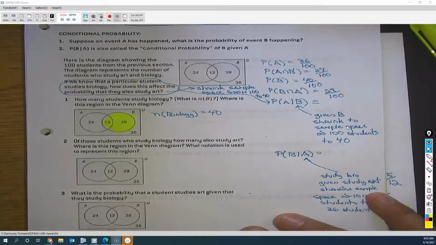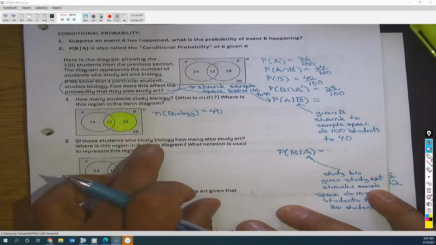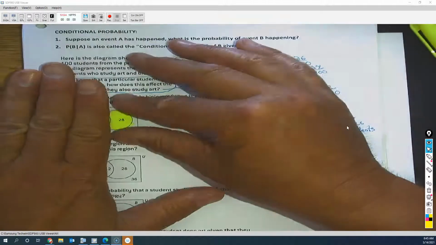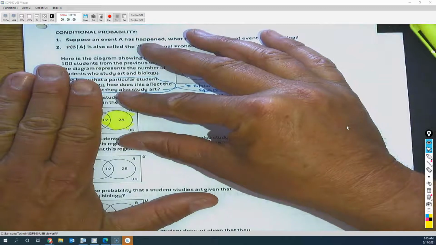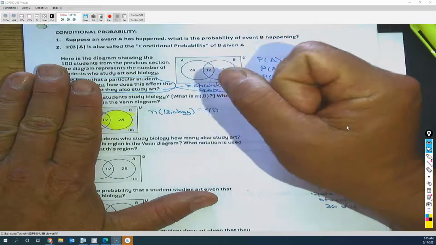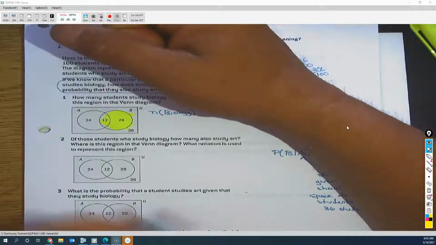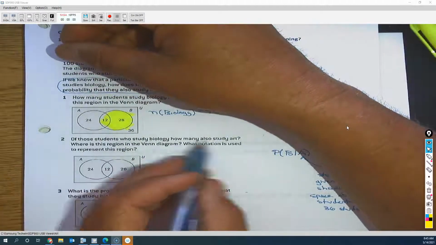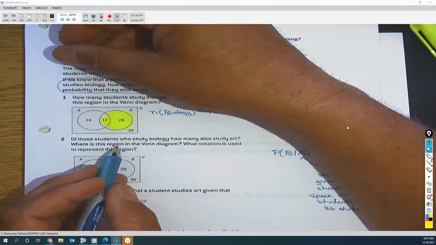Of those students who study biology, now you ignore the rest of the diagram. You're only looking at that little circle. Of the students who study biology, how many study art?